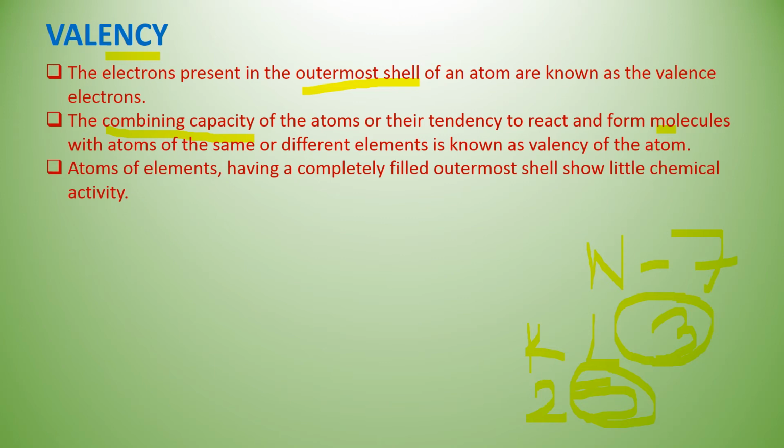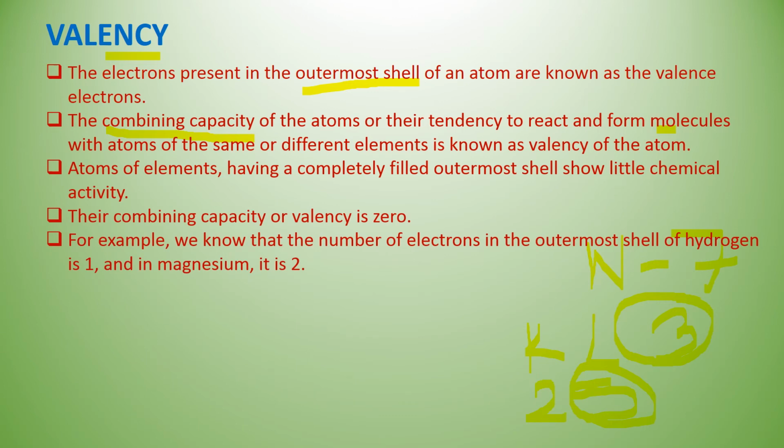Remember, these are very, very important concepts, right? Now, their combining capacity or valency is 0. This point is very important. Atoms of elements having a completely filled outermost shell show little chemical activity, right? For example, neon, dear students, neon. Neon has 10 electrons.